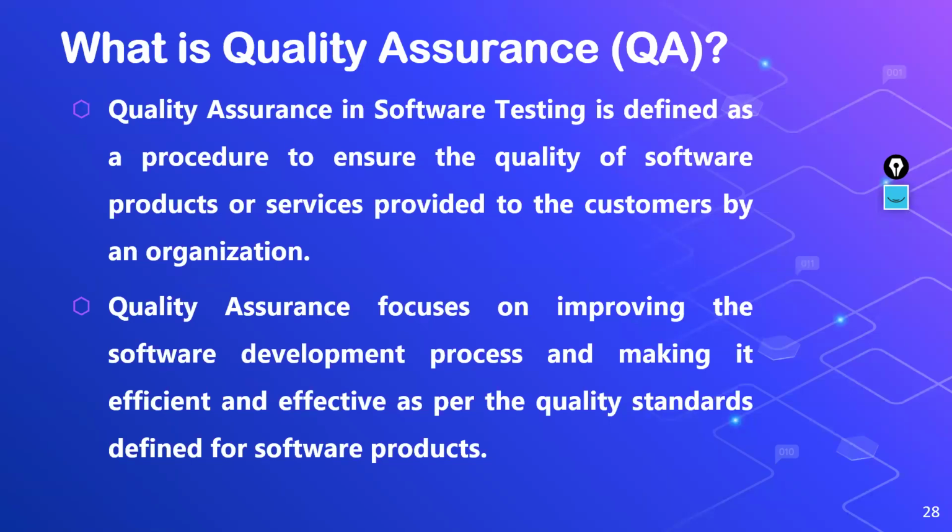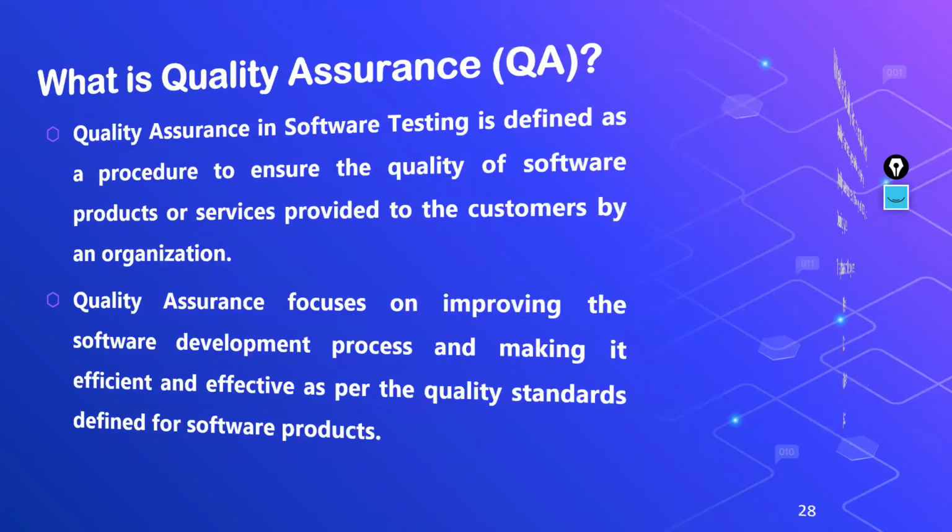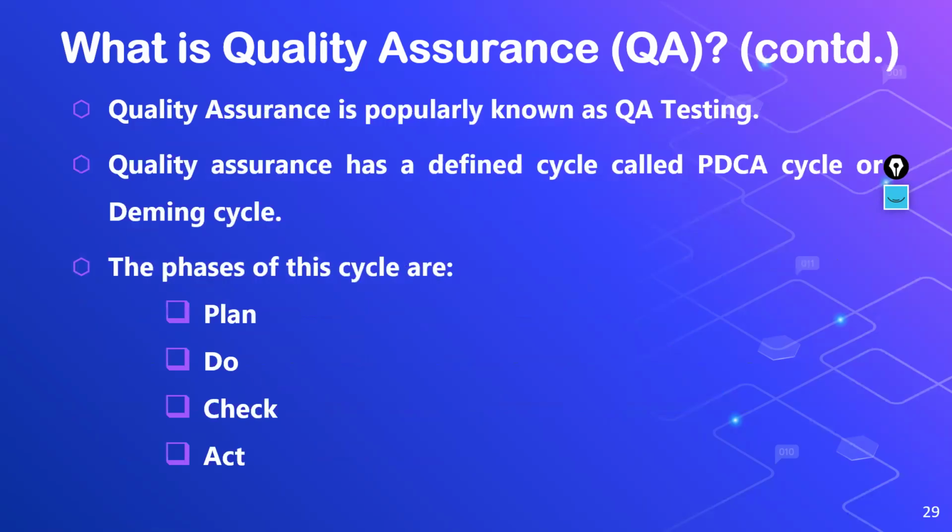QA, if I talk about, it primarily focuses on the process improvement, right? So when you talk about QA, it's going to be a process improvement process, wherein we'll go with the PDCA cycle, which is your plan, do, check, act cycle.